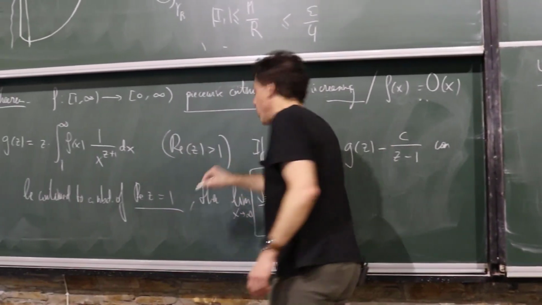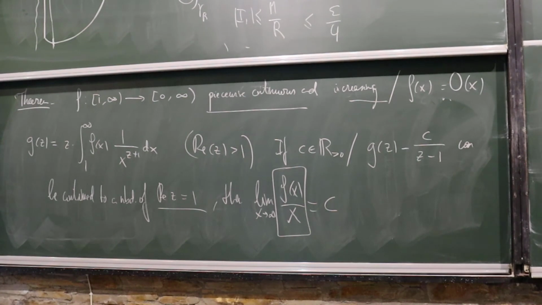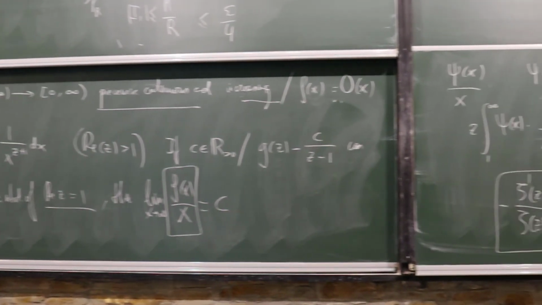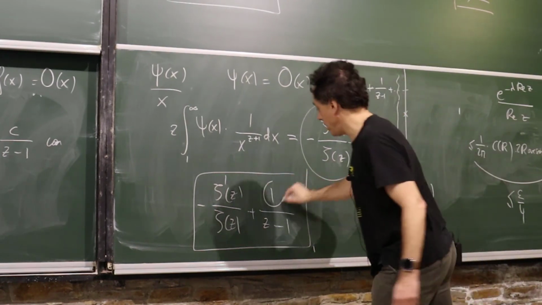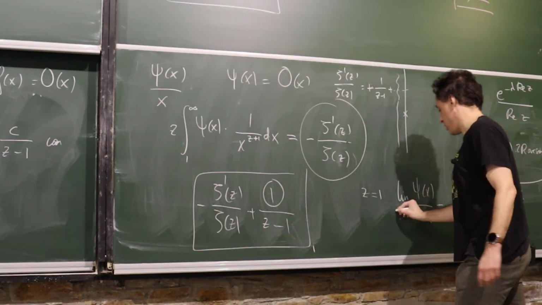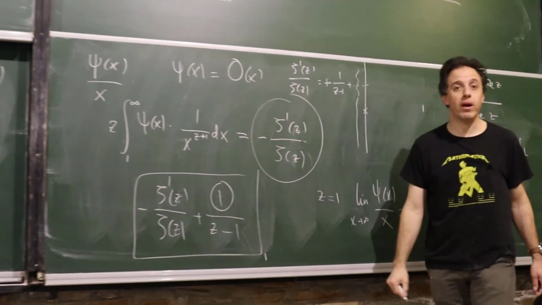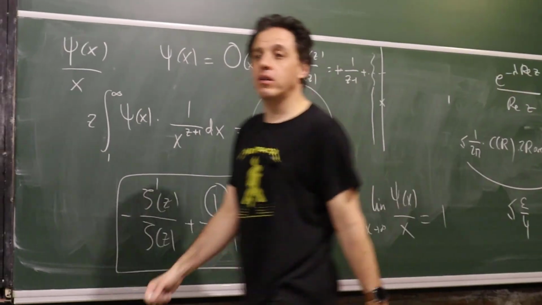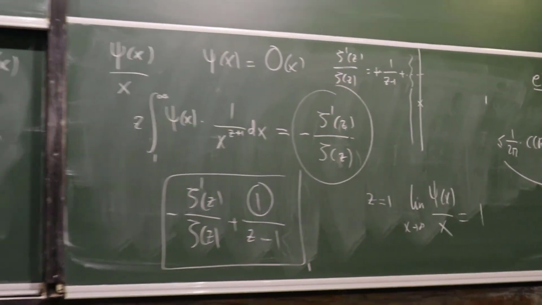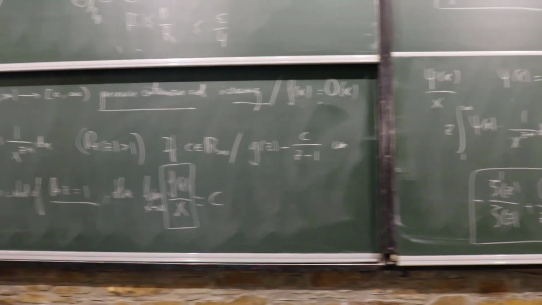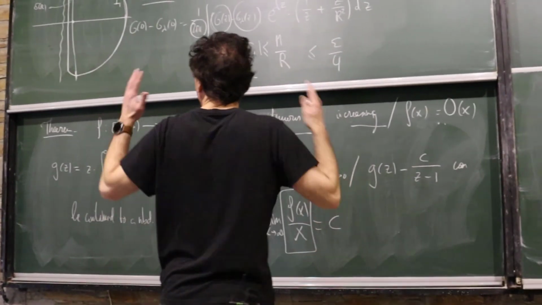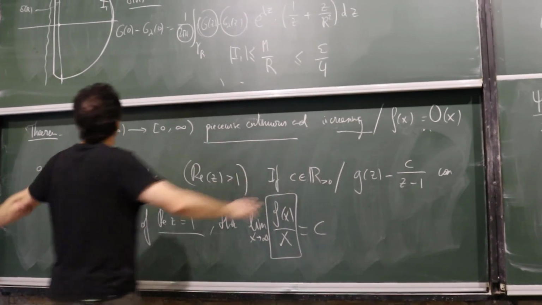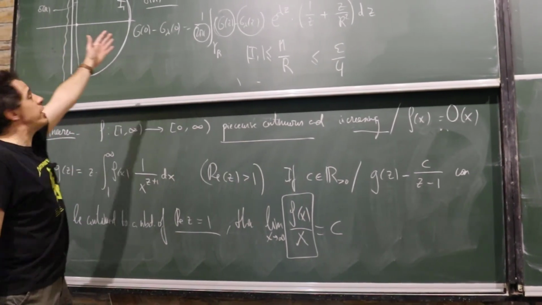So we can deduce that the limit of psi of x over x must be this number 1, and this was the equivalent condition to the prime number theorem. So the proof is quite involved. The proof of this theorem is not really complicated, but essentially it uses the previous one.